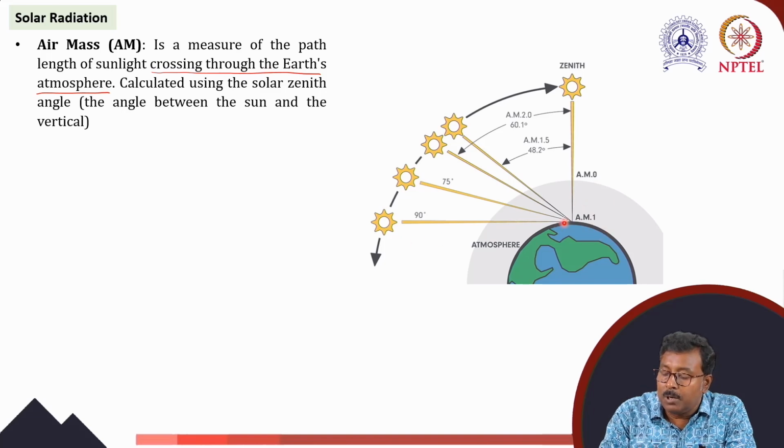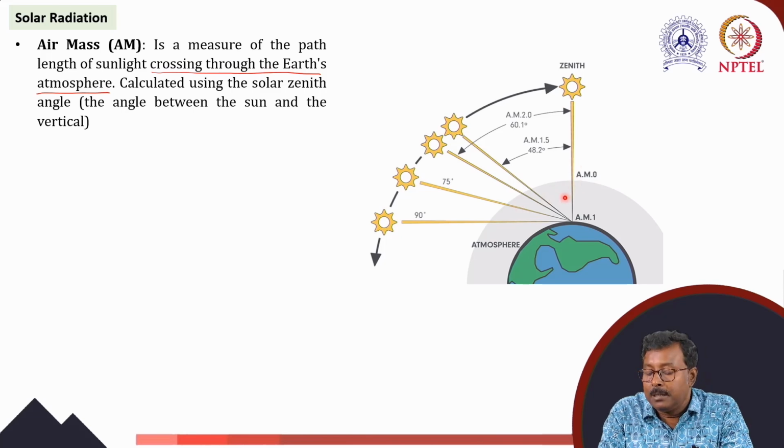And this length depends on the angle between the sun and the normal, because the sunlight comes along a path and crosses this length, while in another case it will have other lengths. So whether the sun is exactly in the normal position or not determines the length of atmosphere the sunlight crosses.